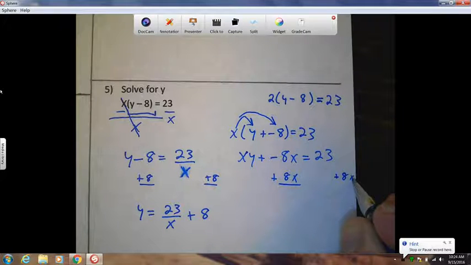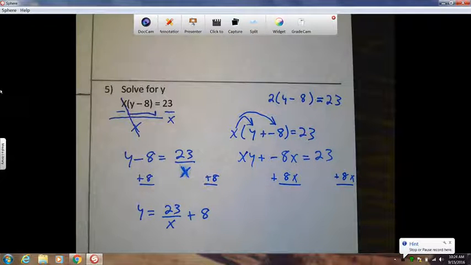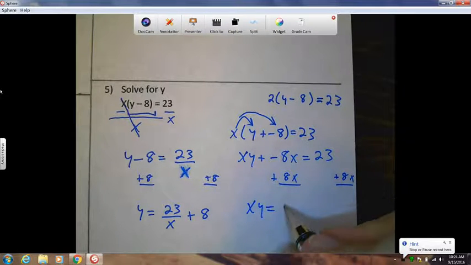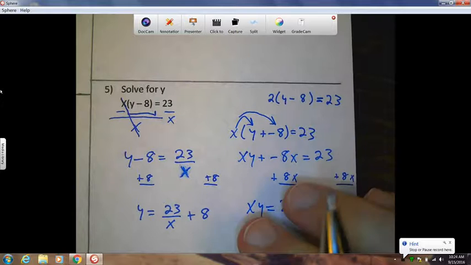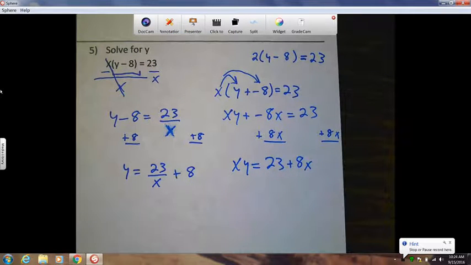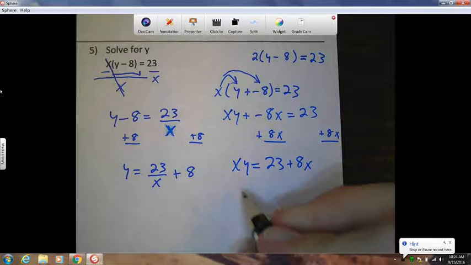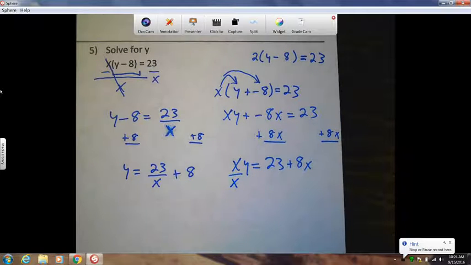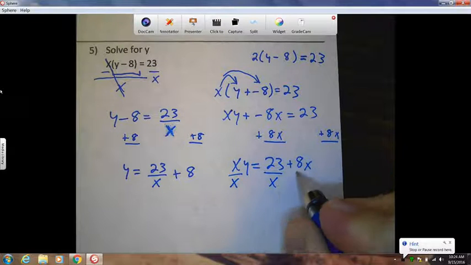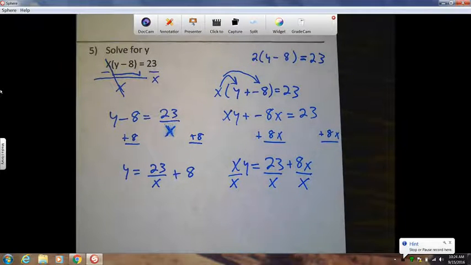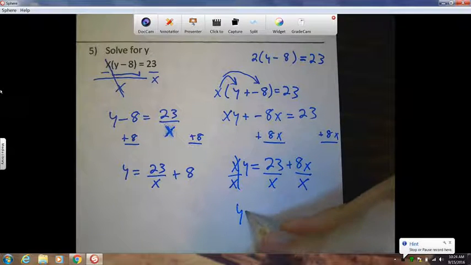These are not like terms, they cannot be combined. And then it's x multiplied by y, so I need to divide. When this happens, make sure you divide everything by x, every term. And those x's cancel out, and you get the same answer.